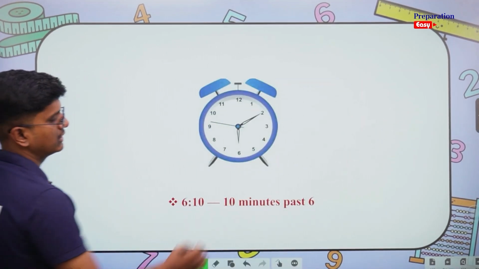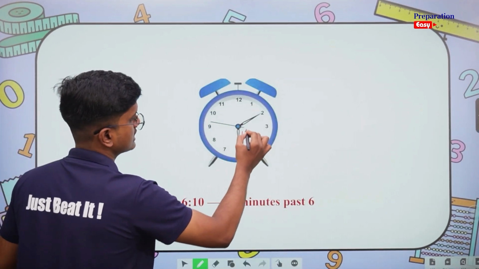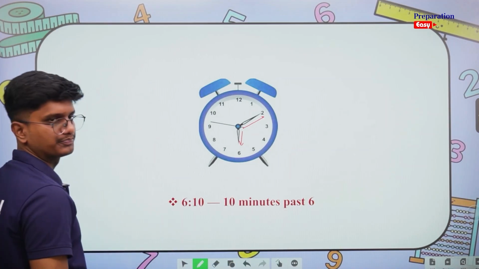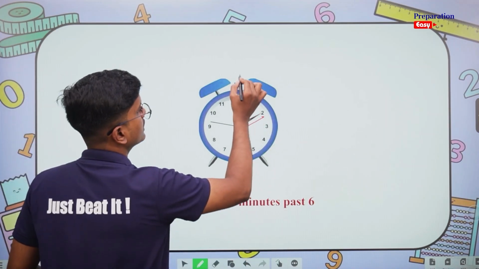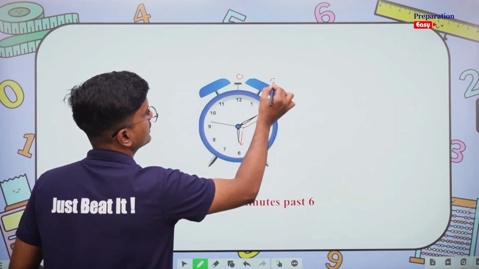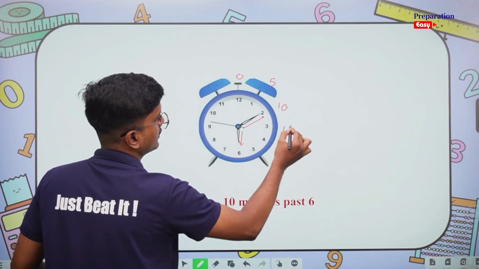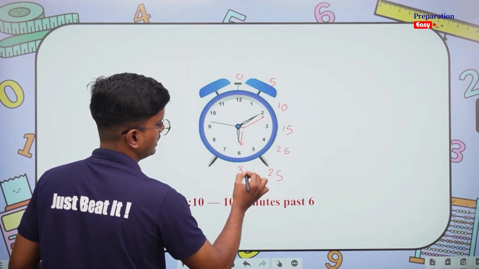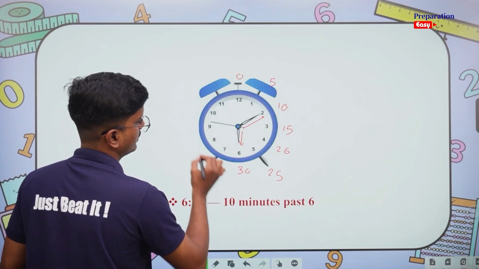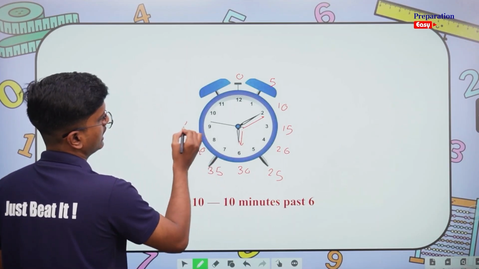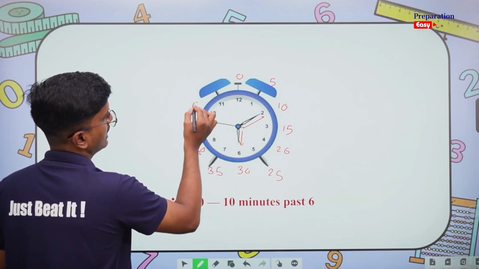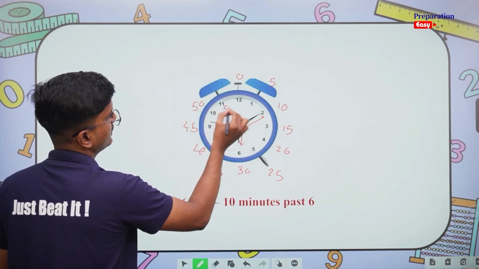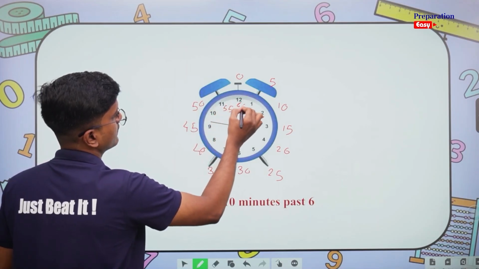Okay, so here the hour hand is on 6 and the minute hand is on 2. 2 means what? The minute hand starts from 0. Here is 5, 10, 15, 20, 25, 30, 35, 40, 9 means 45. Here we have 50, this is 55 and this one is 60.